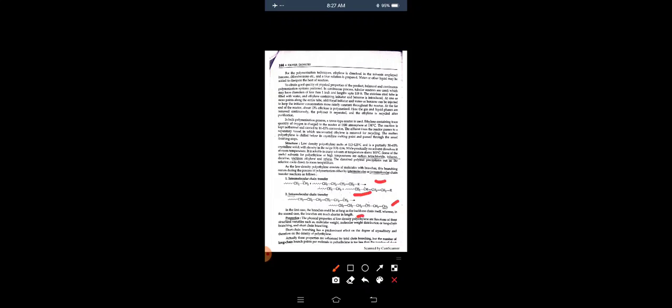Properties. The physical properties of low density polyethylene are functions of three structure variables: molecular weight distribution, long chain branching and short chain branching. Short chain branching has a predominant effect on the degree of crystallinity and therefore on the density of polyethylene.